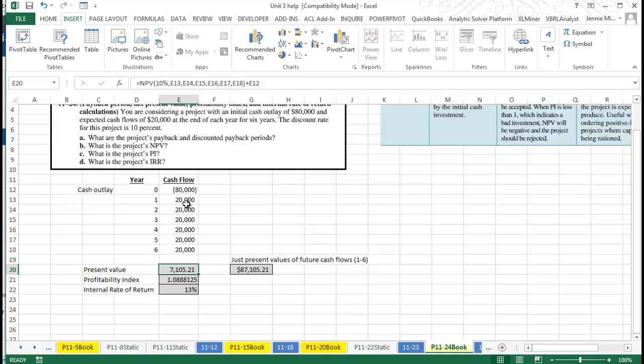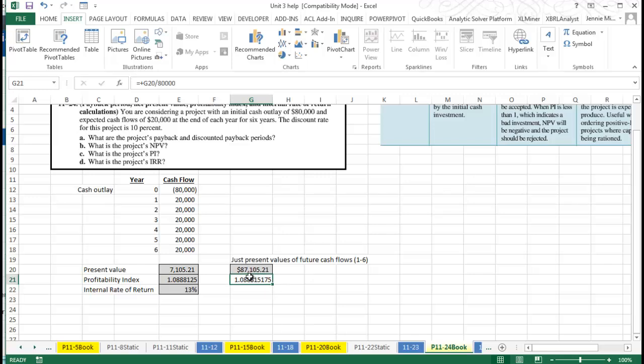So I just want you to know that, because people get confused when they do this profitability index and they get it wrong a lot. Essentially what we're doing here is that we're just taking this number, the 87, and dividing it by the 80,000 cash outlay to come up with our 1.08 number.